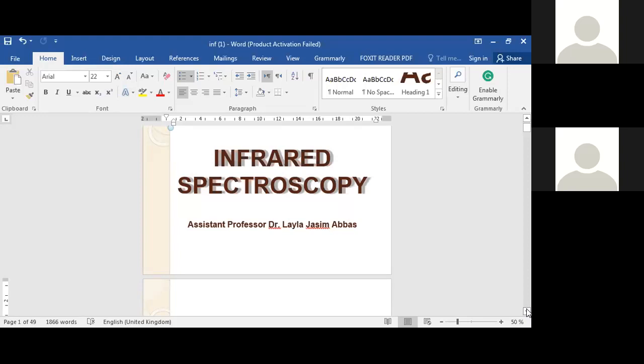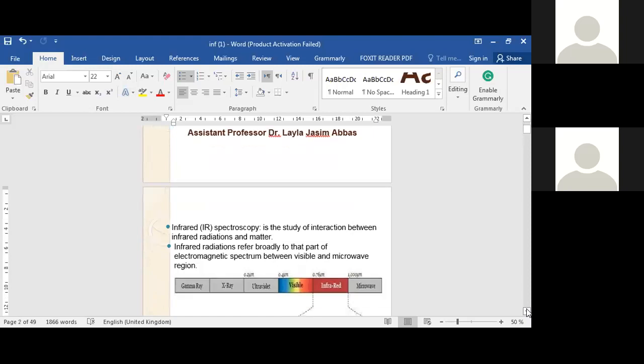Infrared spectroscopy needs longer wavelength than UV visible, and it's the measurement of the interaction of infrared radiation with matter by absorption, emission, or reflection. It's used to study and identify chemical substances or functional groups in solid, liquid, or gaseous forms.